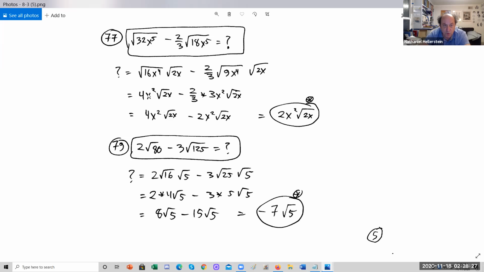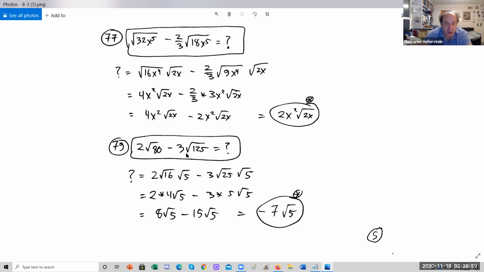This root is 4x squared, because half of 4 is 2. 4x squared root 2x is minus 2/3 of, and this square root is 3x squared root 2x. Cancel out the 3's, you get 4x squared root 2x minus 2x squared root 2x. Now these have an x squared root 2x in common, and what's left behind is 4 minus 2, which is a 2. So you get 2x squared root 2x.